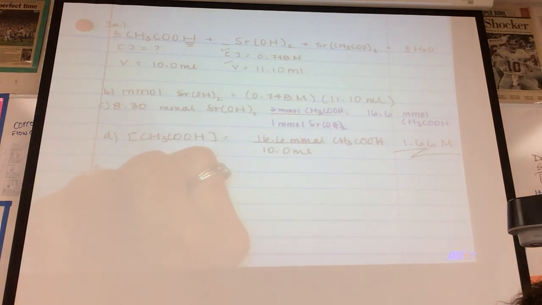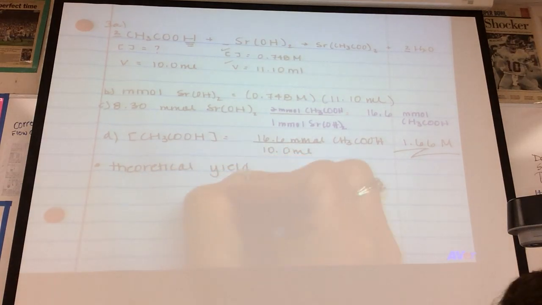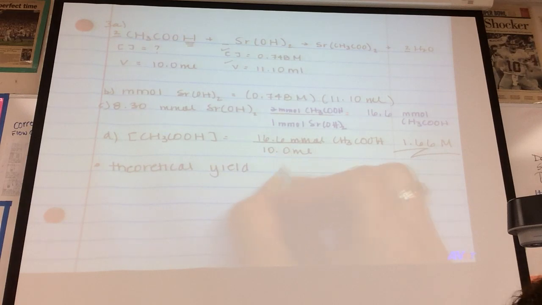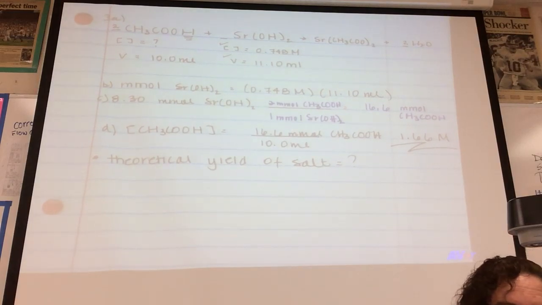And there are 2 additional questions that were asked. The next one was the theoretical yield of the salt. What salt forms? If it's a yield, is it a reactant or a product?